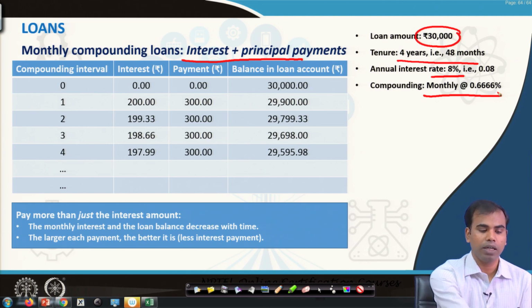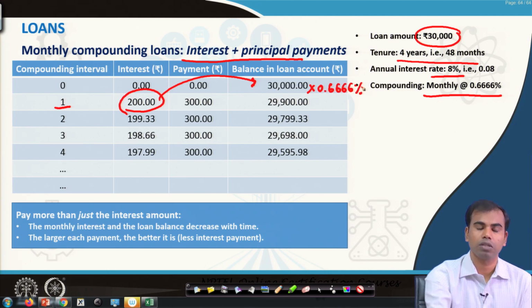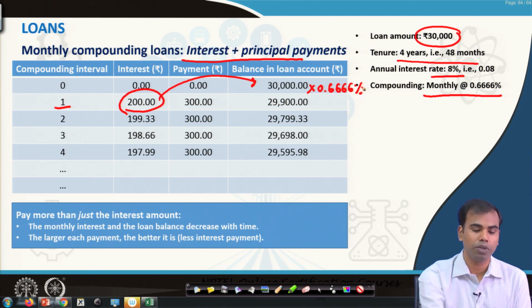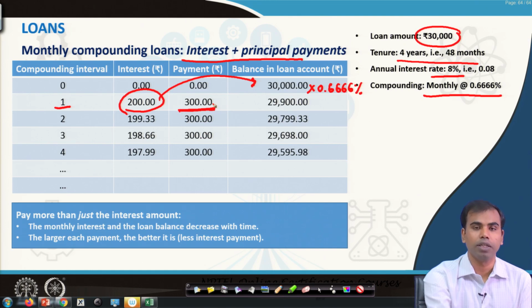At the end of the first compounding interval, the interest charges are due on the balance of the previous month, that is 30,000 into 0.6666%, which is almost 200 rupees, but you decide to pay 300.